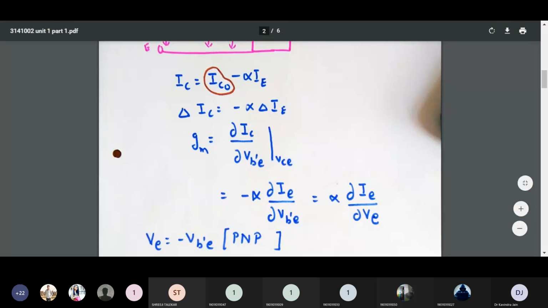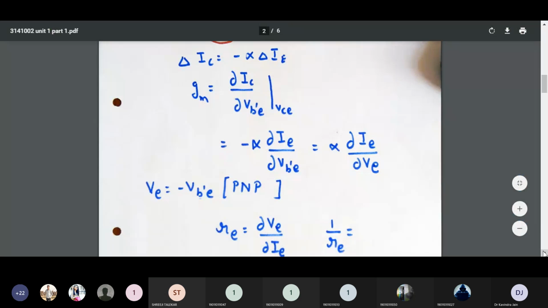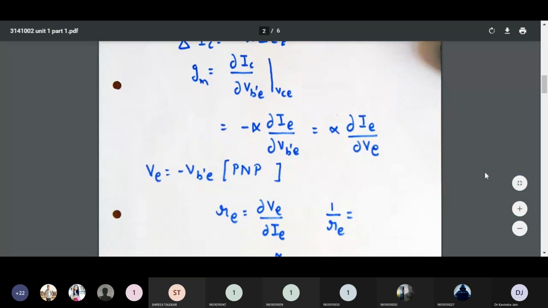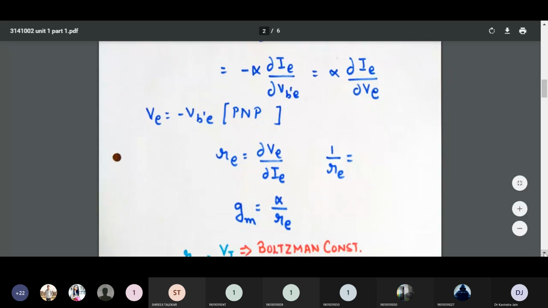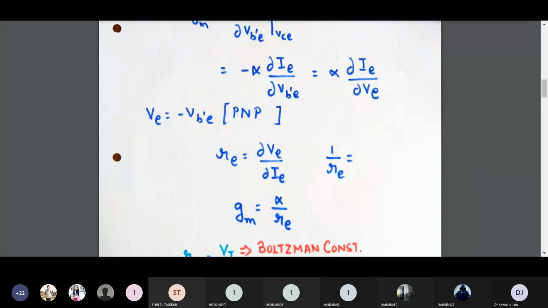So, the new formula is something like this. We know that RE, that is emitter resistance, would be equal to the emitter voltage divided by emitter current. So RE is delta VE upon delta IE, and 1 upon RE would be equal to delta IE upon delta VE. Hence, the relation between transconductance and emitter resistance is gm equal to alpha upon RE.